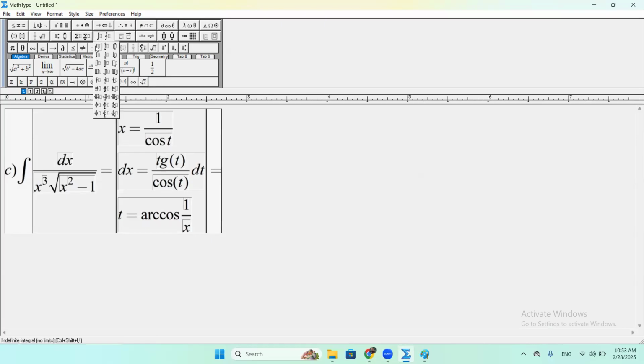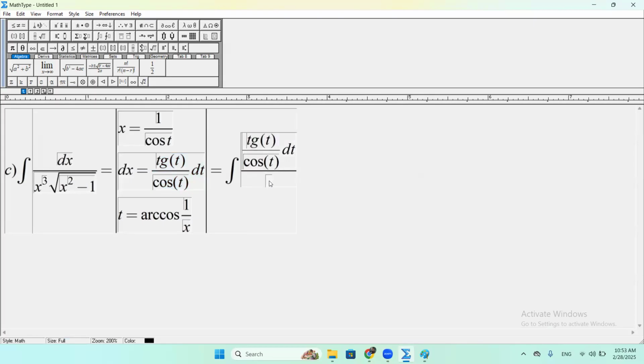So now let's write down the rationalized integral. In the numerator, dx is written like this. Then x square, so x cube equals 1 over cosine cube of t. Damn it. So everything is correct.